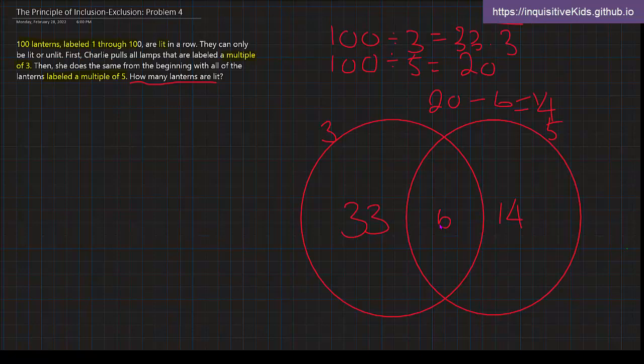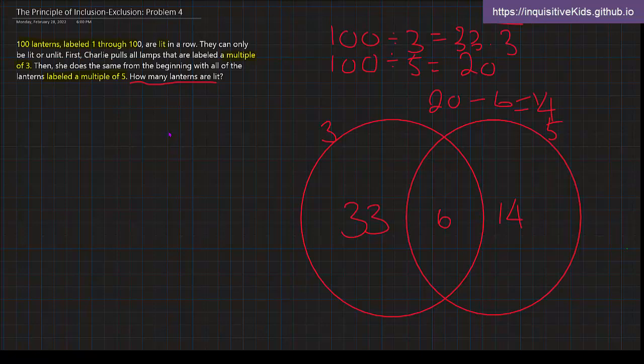So there are going to be 6 lanterns that are pulled twice, if you get what I mean. Let's think about that for a sec. After they're pulled once, they go unlit, because they started lit. Like at the very beginning, before Charlie pulled any lamps, they were all lit. After 2 pulls, they are lit again.